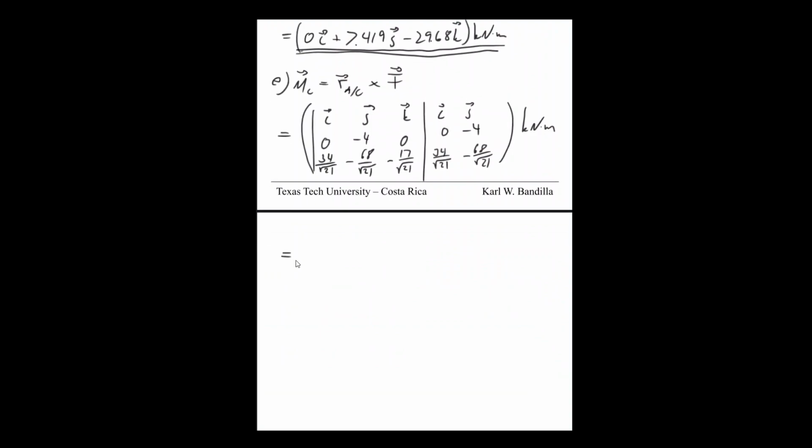And a lot of writing. I think this time we'll just drop the zeros so we don't have to write quite so much. So that's our first one. That would be I times minus 4 times minus 17 over square root of 21. This J is 0. This K is 0.